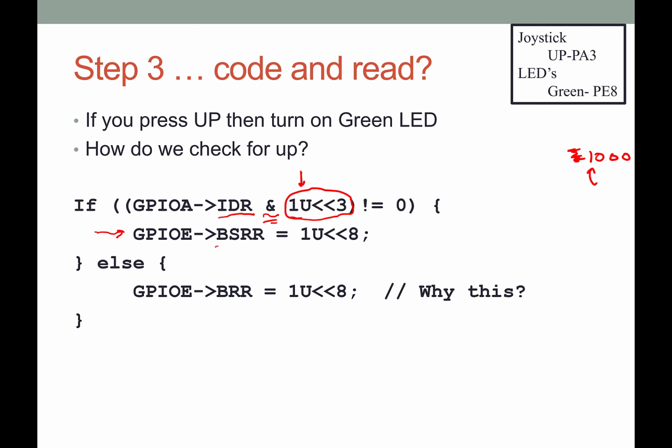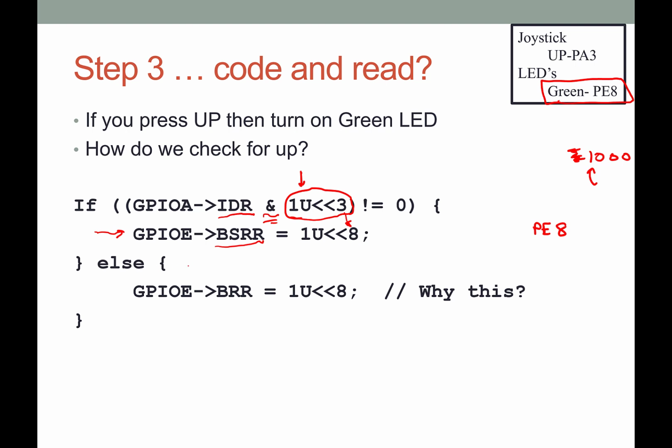And what happens? Okay, here's this bit set and reset register. What's it doing? We're moving 1 over 8 times. So that's going to do something with pin 8 and port E. Oh, that's port E. So we're putting port E8 to a 1, right? Because that's the bit set reset register and it's in the lower part. So we're setting that bit to 1. Oh, that should turn on the green LED. That's what we're doing right here.